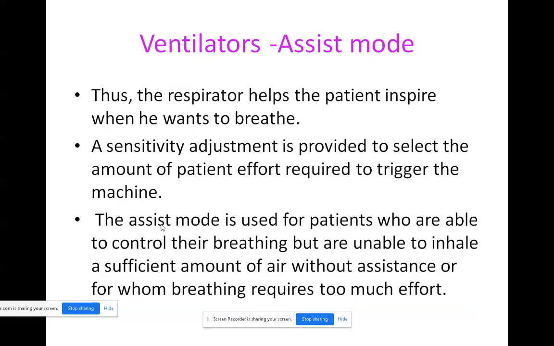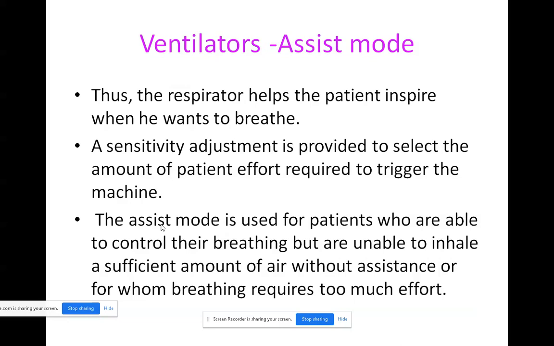A sensitivity adjustment is provided to select the amount of patient effort required to trigger the machine. So there you will have a sensitivity adjustment. How much oxygen to provide to the patient will be provided in the sensitivity adjustment itself, by measuring your negative pressure in the sensor.